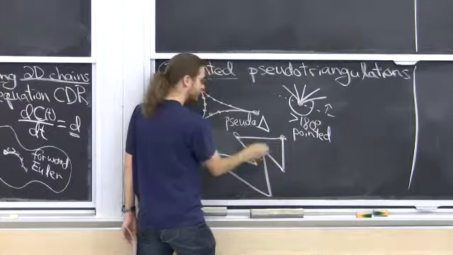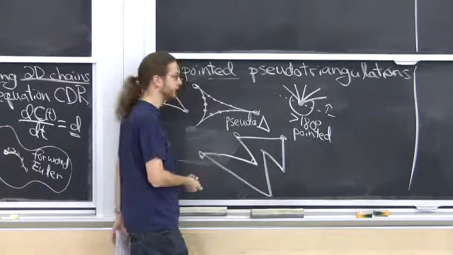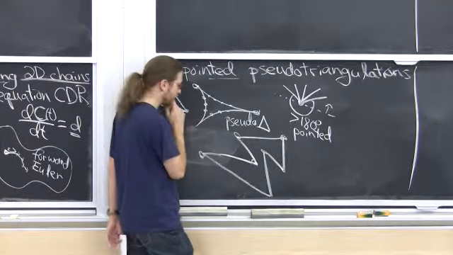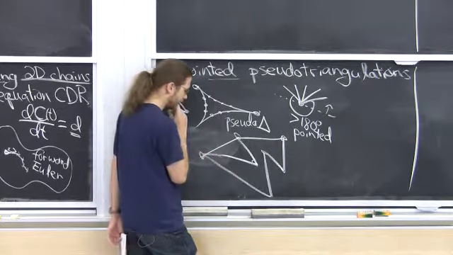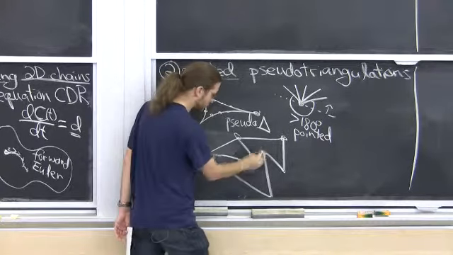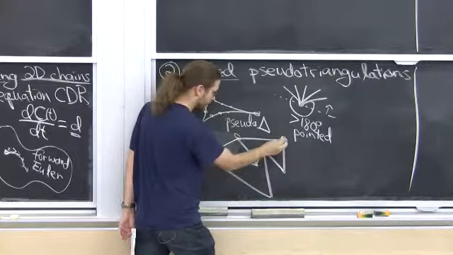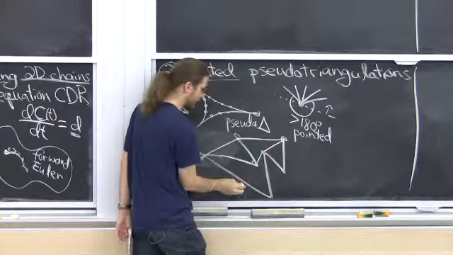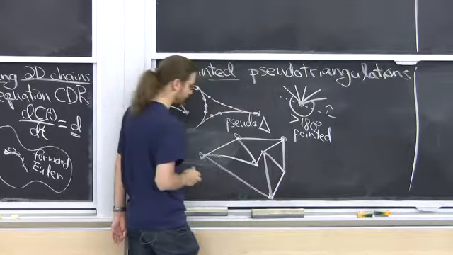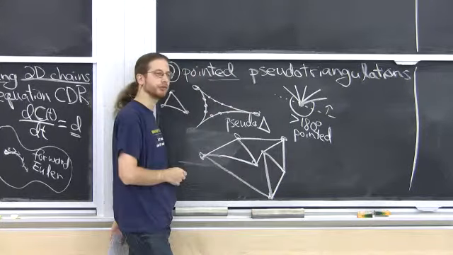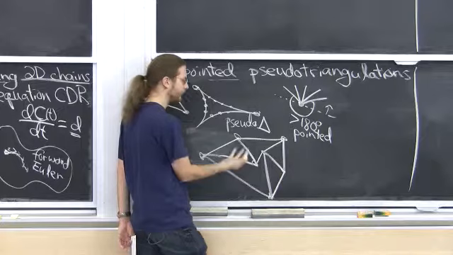Every vertex, one of the 2 sides has an angle bigger than 180. So just add as many edges as you can while still being pointed. This one, that looks okay. I think that's it. I think this is a pseudo-triangulation. I've added as many edges as I can while still being pointed.